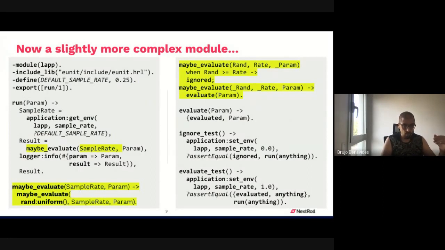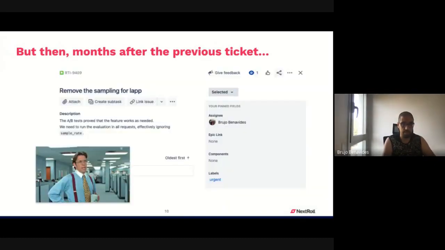So this works, the tests pass, and everything is happy, and time goes on, and eventually your boss is done with your A/B testing, so you want to remove the sampling. It's the same thing we did before, but now the other way around. We have to remove the code that we introduced to sample the evaluation of the function run.